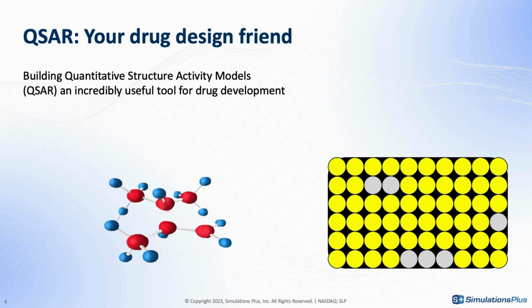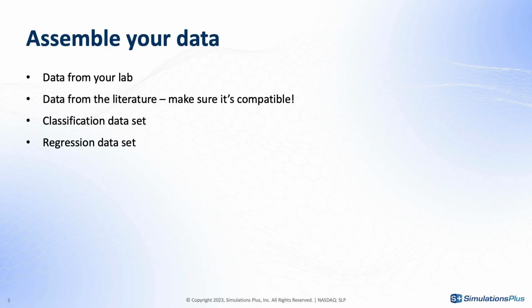If you're a little further along the development pathway, you might have a very specific lead series scaffold, and you'll want to keep your QSAR model very focused on that specific scaffold. In this case, we're talking about a little bit earlier. We want to try to cover as large of a chemical space as possible with our QSAR model. And so we've got a good starting data set in our lab, right?